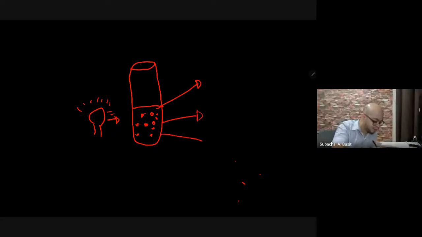So for example, this is the solution, and here's the light. If you apply light towards the solution, and there is a precipitation reaction, some of the light will pass through. This is the scattered light, meaning this light was able to pass through the solution. Then some of the light will be blocked.